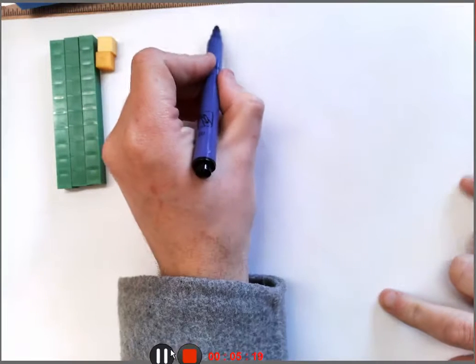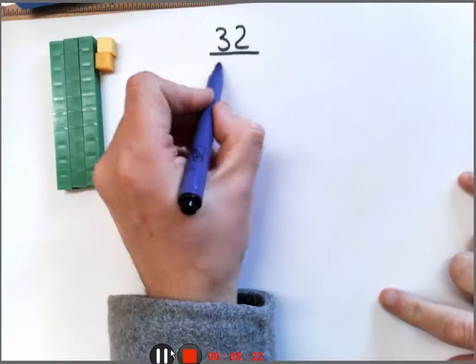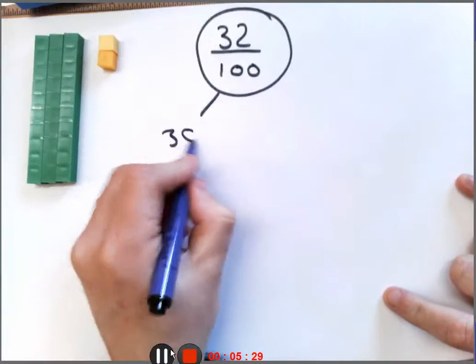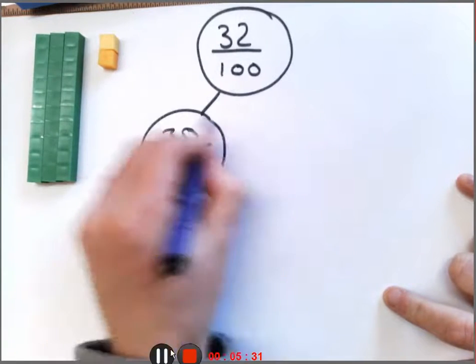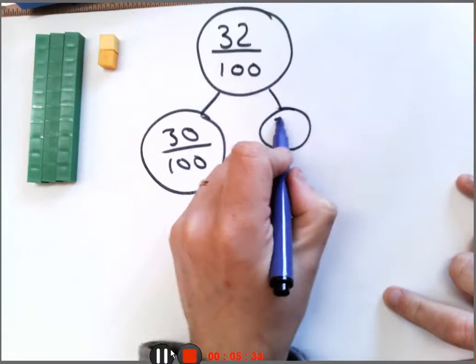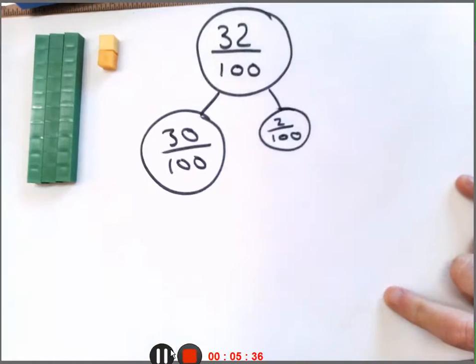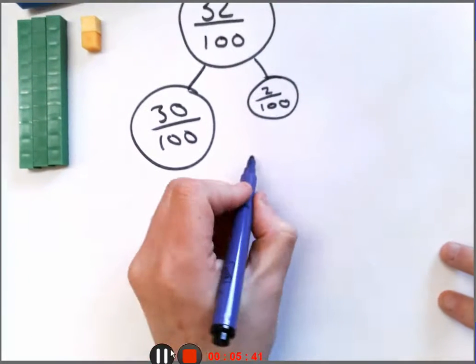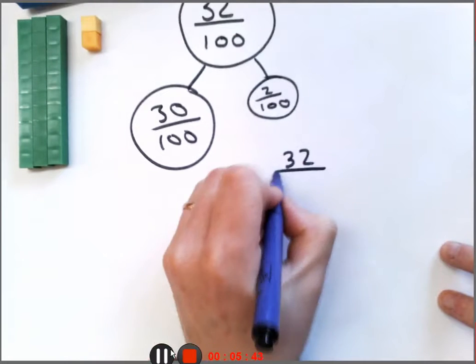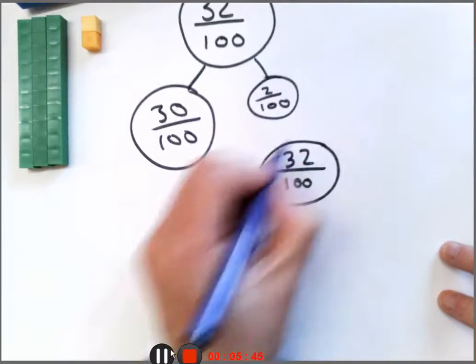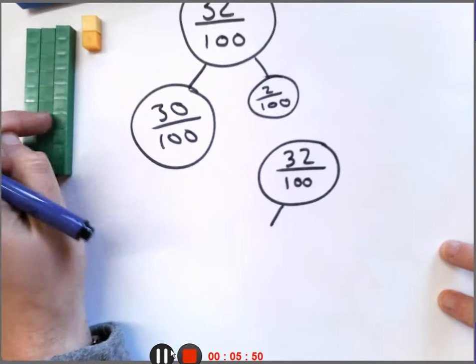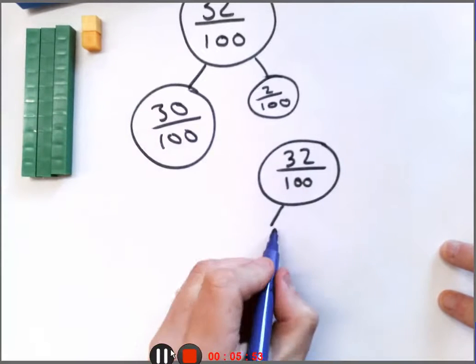So here I have 32 hundredths. And I can partition that into 30 hundredths and 2 hundredths. I could partition it in a different way. I could say I've got 32 hundredths, and instead of partitioning these as 30 hundredths, I could call them 3/10ths.